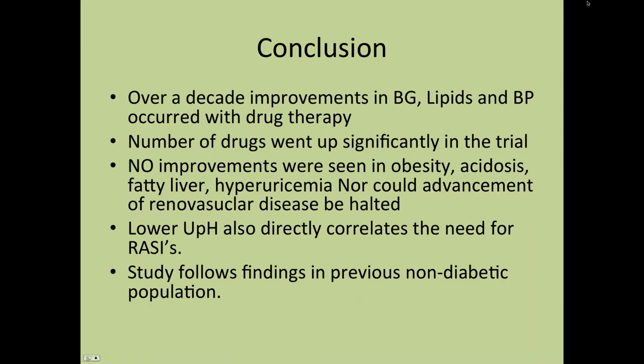So the conclusion is that in this particular case, in which I really wanted you guys to think through this, over a decade improvements in blood glucose, lipids, and blood pressure occurred with drug therapy, but there were no improvements in obesity, acidosis, fatty liver, hyperuricemia, and the advancement of renovascular disease continued.